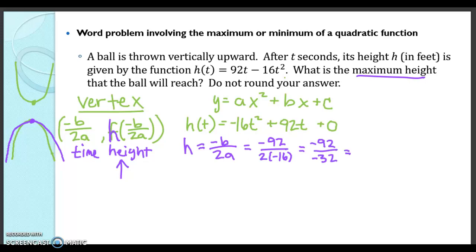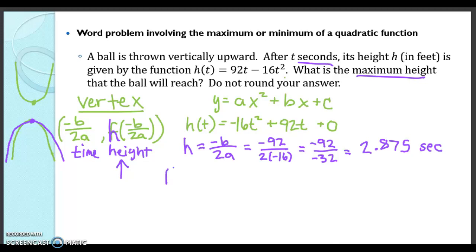Now, a negative divided by negative is going to give us a positive. So we're going to have a positive number, which kind of makes sense, right? Because we're talking about time. So our time is going to start at 0 and then increase from 0. So this equals 2.875 in what? Seconds. So the time at which the maximum height occurs is at 2.875 seconds.